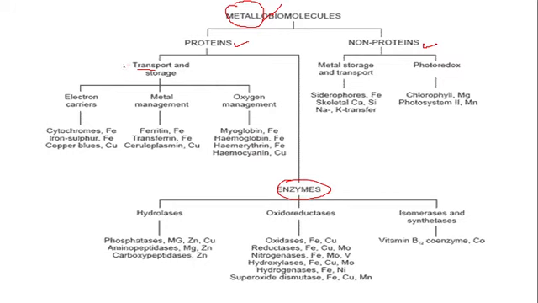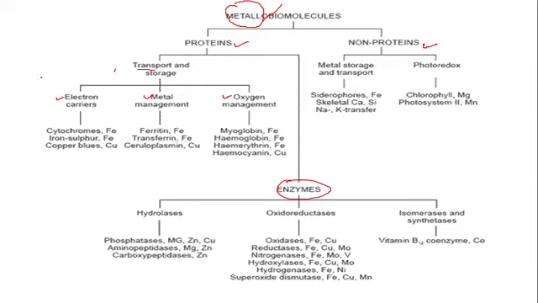Here there are three types of transportation and storage which happen in our body or in living things. First, electron transfer or electron carrier. Second, metal management in our body or in the living system, and third, oxygen management.